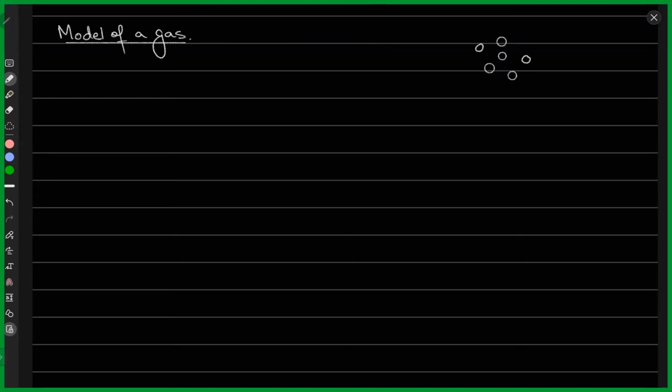They'll be moving in a random zigzag pattern, so their movements will be entirely random. So we have a gas which is made up of molecules which are moving randomly.